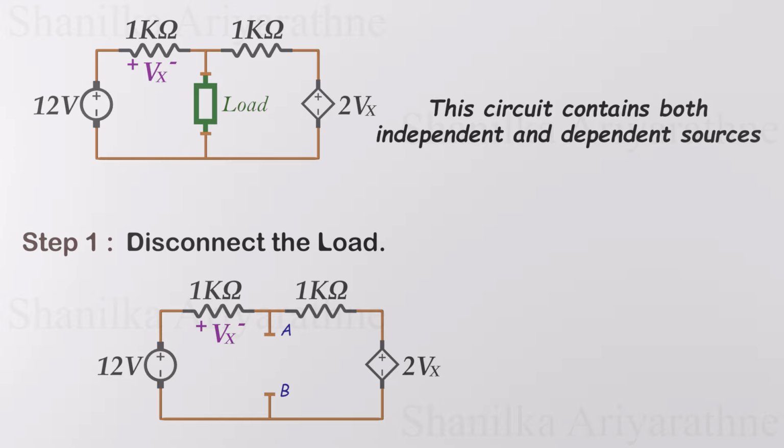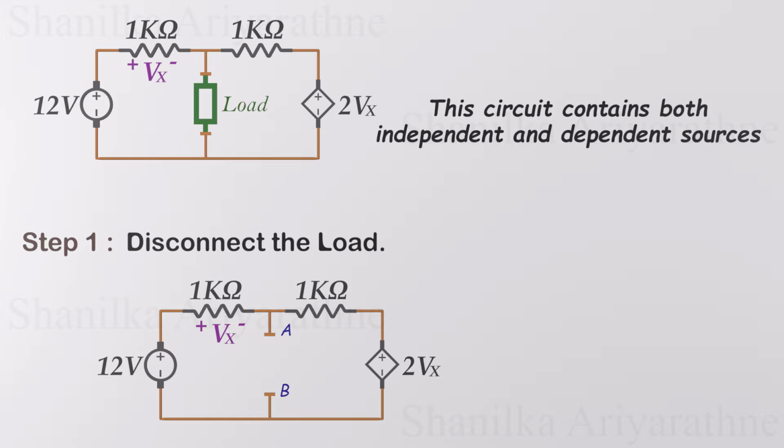The next step is to calculate the variable term Vx, which controls the dependent sources in the circuit. In this example, the voltage of the variable source depends on the voltage across the resistor R1. Since the circuit contains only one loop, the current flowing through the circuit is the same for each component in the loop.